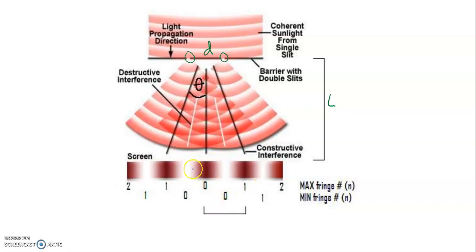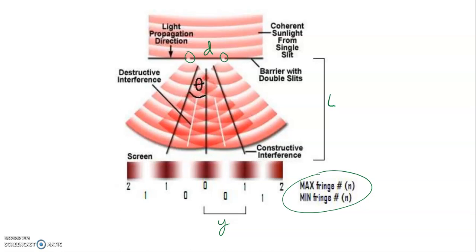Right here we've got bright light, and there's no light on either side. The distance between those bright spots is called the Y value, the distance between maximums, or between minimums. You can see they're numbered. That's called the fringe number, which is sort of what count they are.